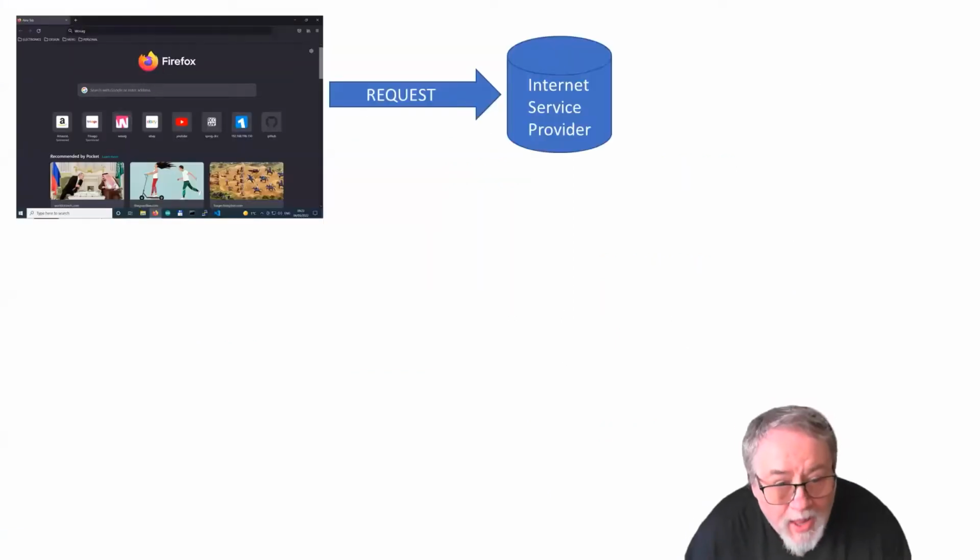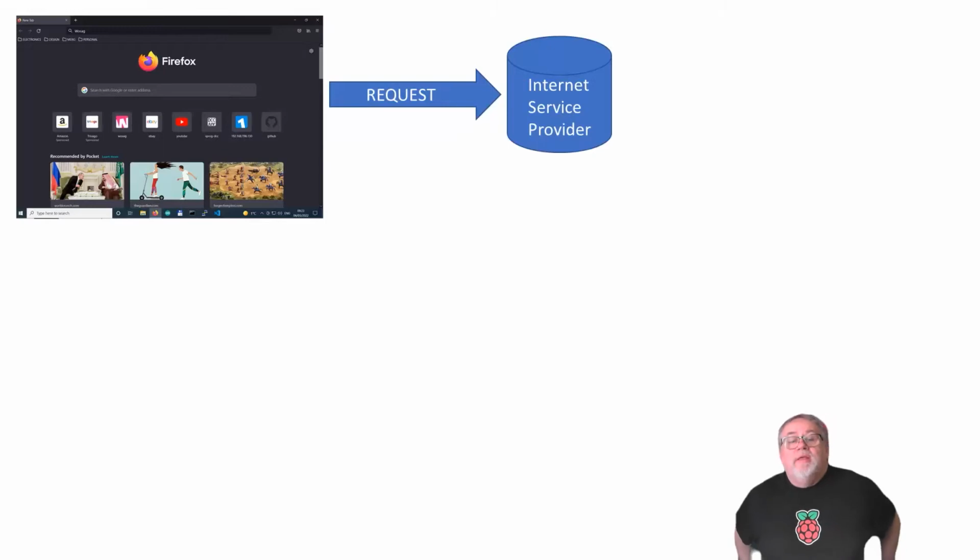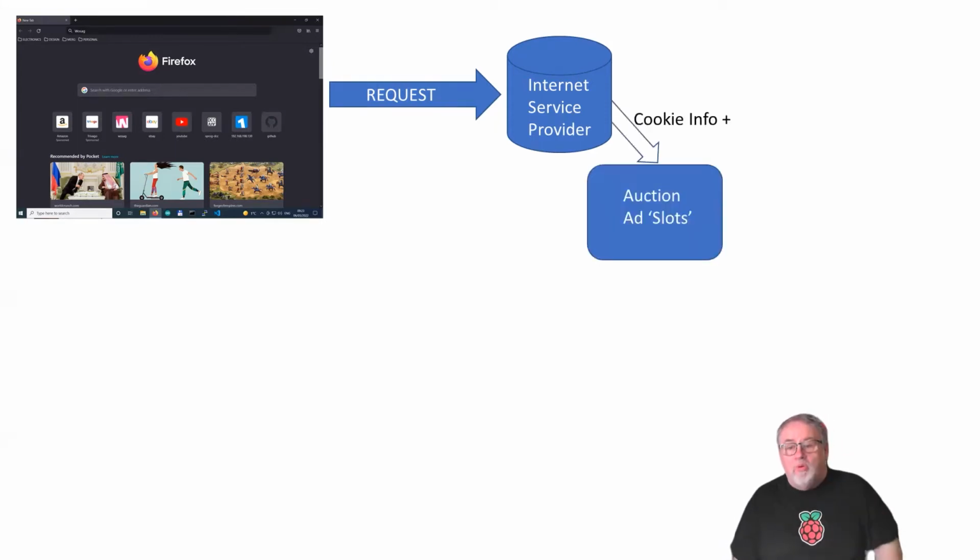Now, when you're in your browser and you send a request, you send it to the ISP. And it used to be the case, when we were all boys, that the ISP sent you back whatever it was you'd asked for. But no more. What happens nowadays is that the ISP will take the cookie information that it holds on you from the request, which says who you are and what IP address you are and all that good stuff.